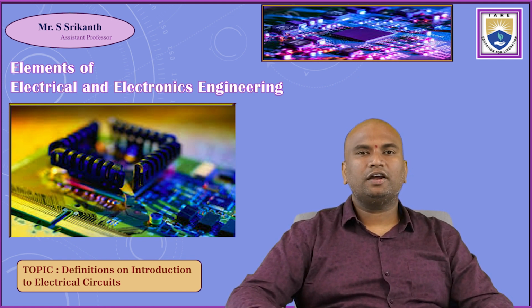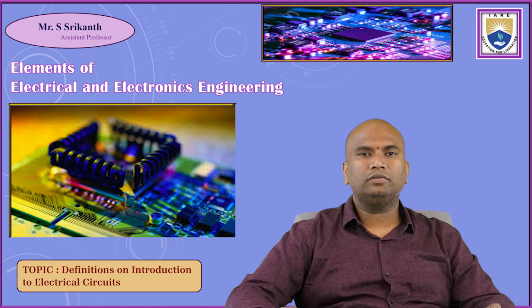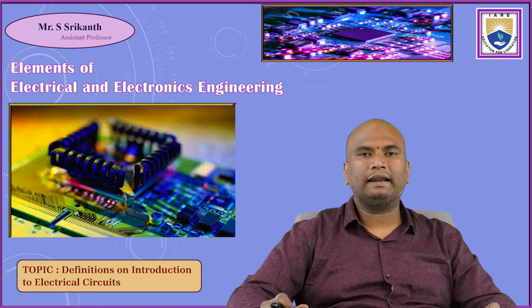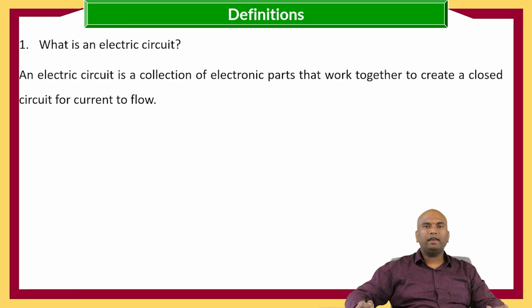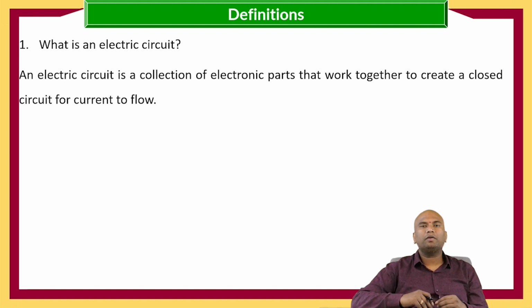In this session, I am going to give you the basic definitions on electrical circuits. The name itself consists of circuit. What is an electrical circuit? A circuit is nothing but an interconnection of two or more electrical elements, where the current is going to flow.